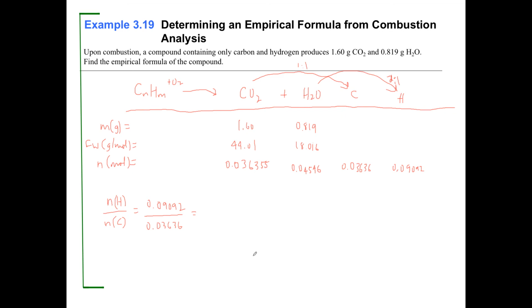Wow, 2.5. Huh, did not see that coming. So this appears to be 2.5 over 1 because I divided both of them by the smaller number, right? And I can see that this is 5 halves over 1, which is 5 halves. And so that means that carbon is 2 and hydrogen is 5.